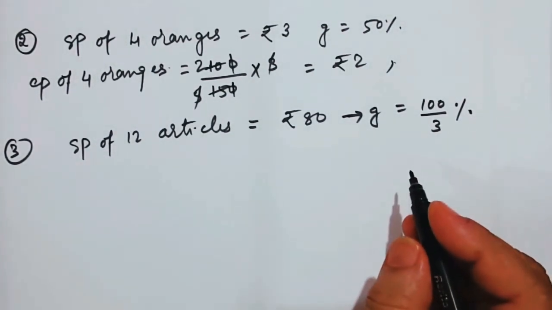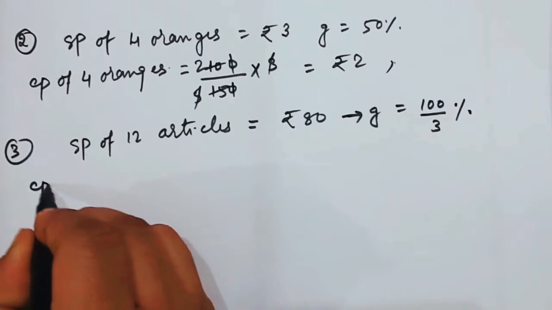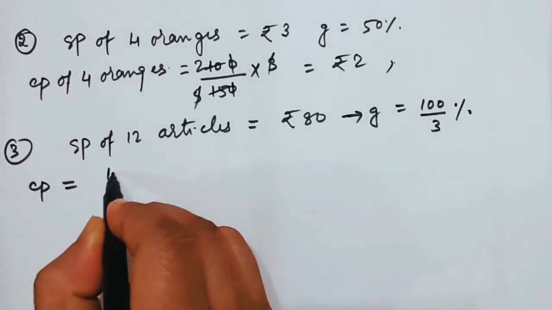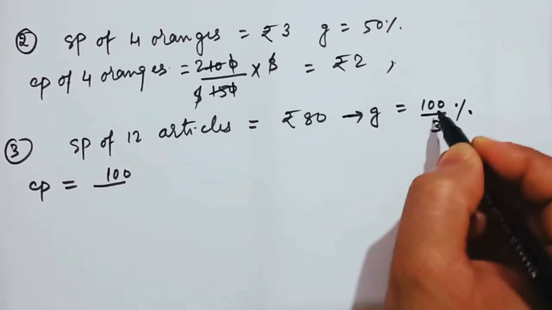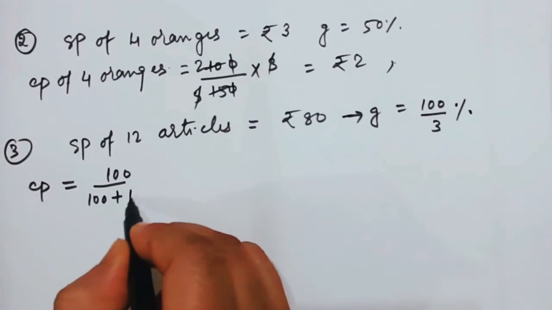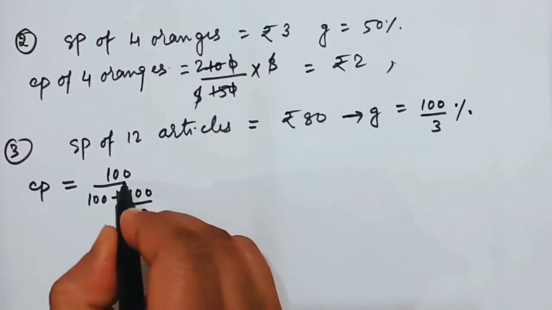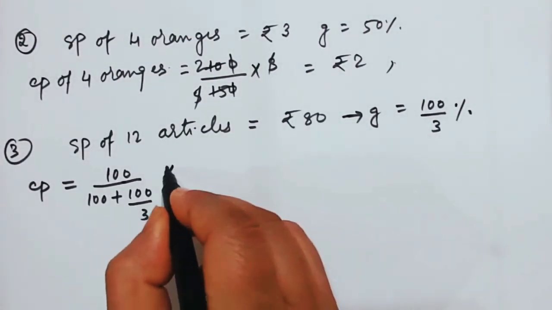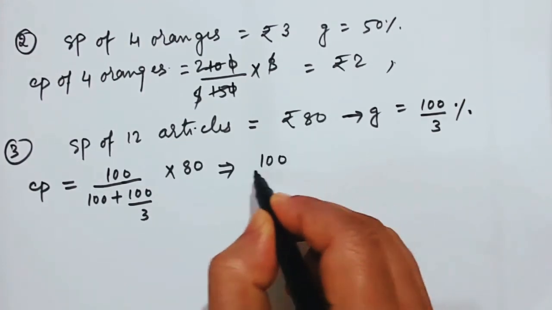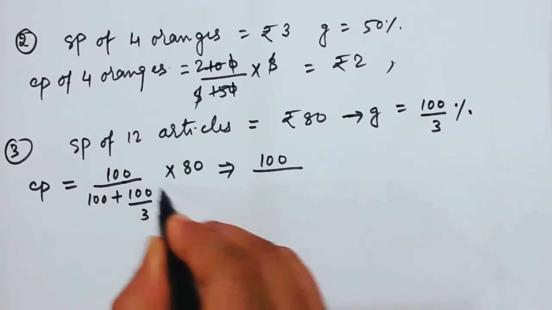It's very simple. So cost price will be equal to 100 by 100 plus gain, times the selling price. Do not panic. When you solve it, what will you get?